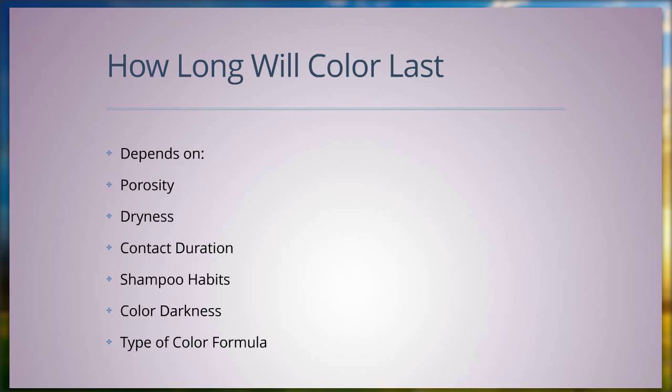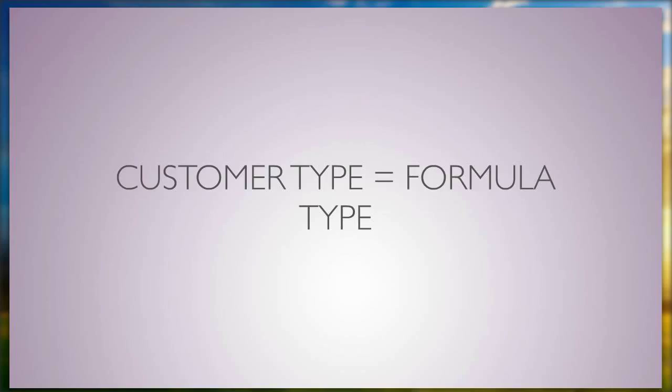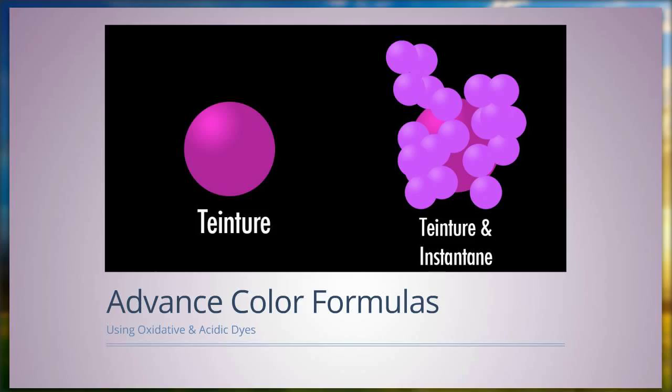Hopefully you like the way that we're building up these classes, because there's definitely a lot of things that you guys can do. Remember that depending on your customer, it's going to determine what your formula is all about. And stay tuned again because we'll have some more advanced color formulations coming up that will help take this process to an even bigger level.